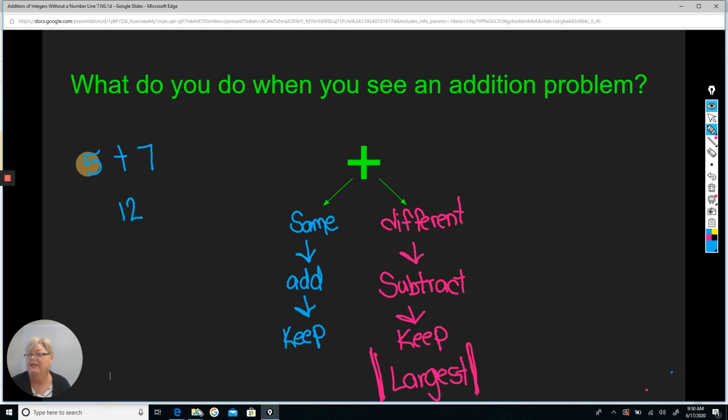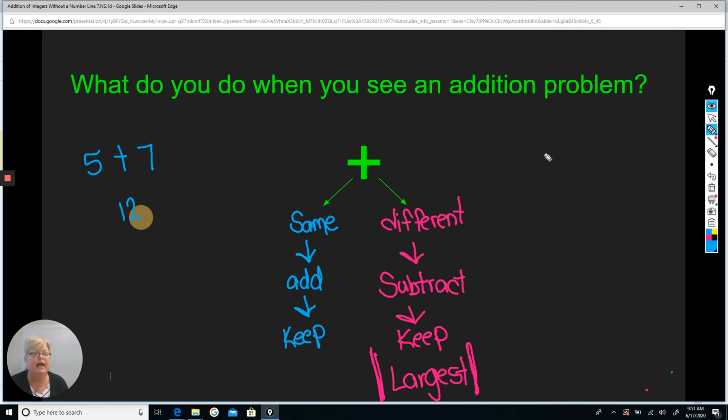But let's think about, did the rule still apply? Both terms are positive. That means they have the same sign. We added them, which we got 12, and we keep the sign. We kept the positive. So even elementary problems, we're still going to follow the same rule.